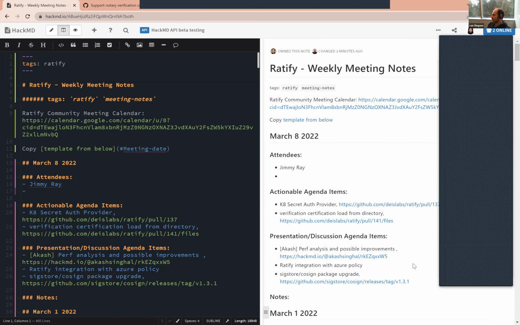Yeah, no, this helps. Now the other thing is there's also the vulnerability scan service, right? Are they going to be able to leverage Ratify to do this type of checks, or is it separate? Yes.